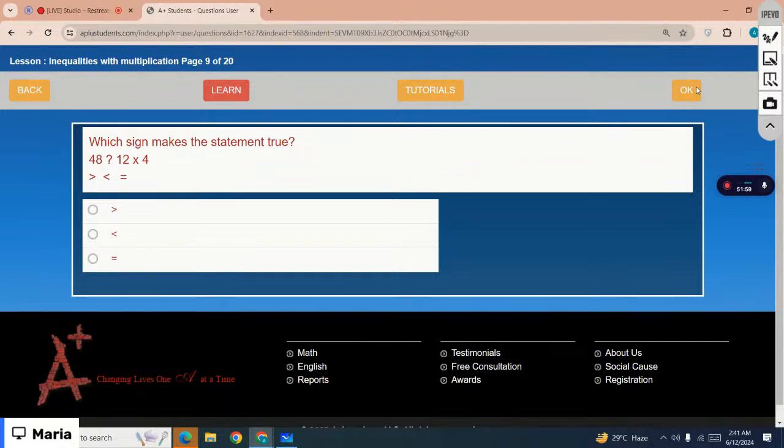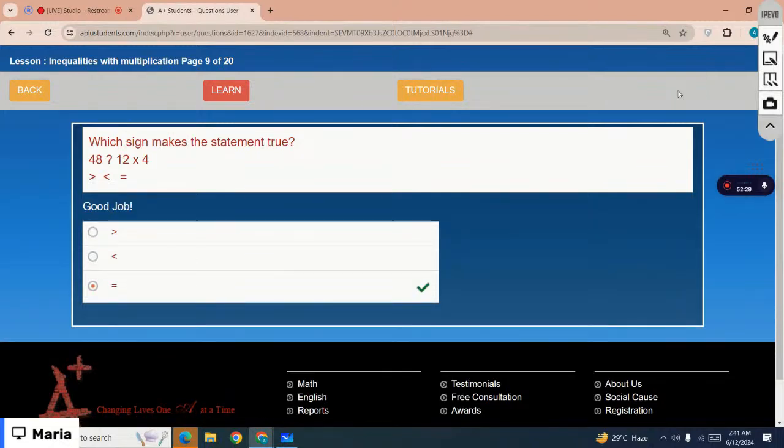Which sign makes the statement true? 48 and 12 times 4, which is the correct option? They both are exactly equal.